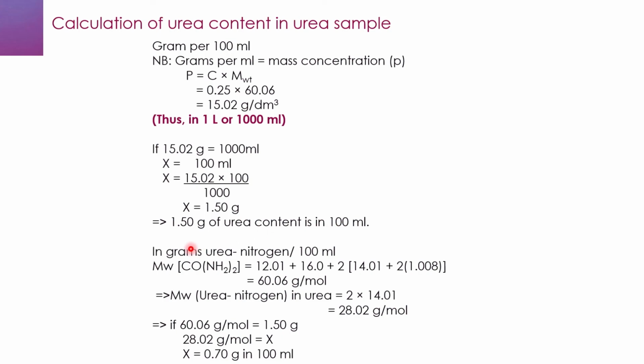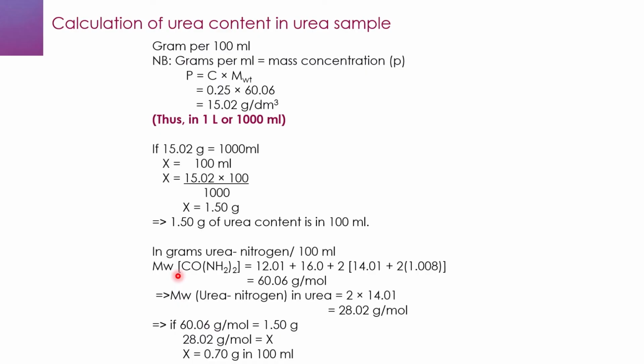Now, the next question says we should also calculate in grams the urea nitrogen in the 100 mils. So what it means is the amount of nitrogen present in the urea per 100 mils. To do this, we will first have to determine the molecular weight of our urea.